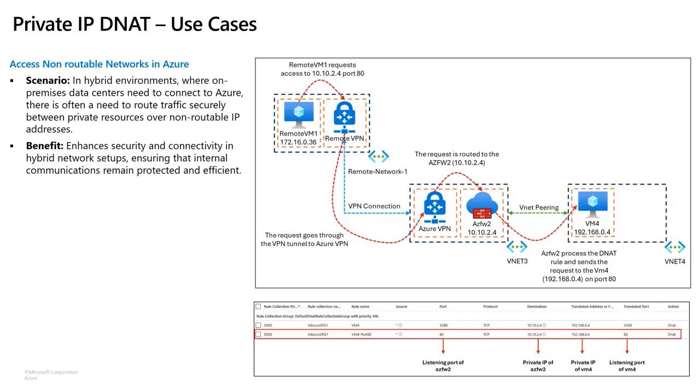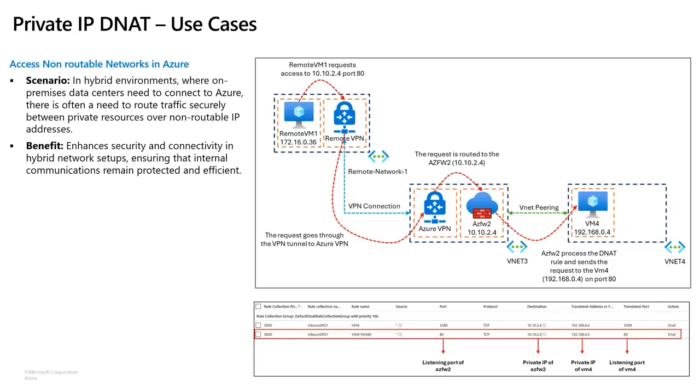So the benefit that came about is you're able to enhance the security and connectivity in these hybrid network setups, and ensure that internal communications remain protected and efficient. Enterprises, like I mentioned, would probably like certain workloads hidden without exposure over public IP addresses for security reasons.